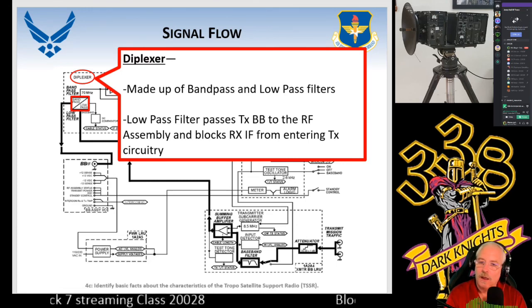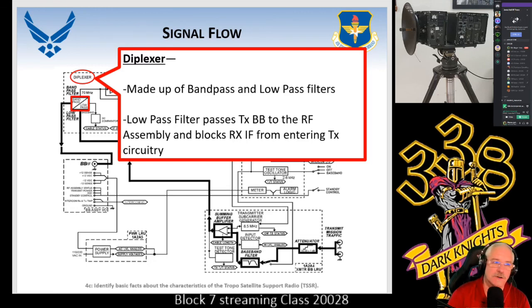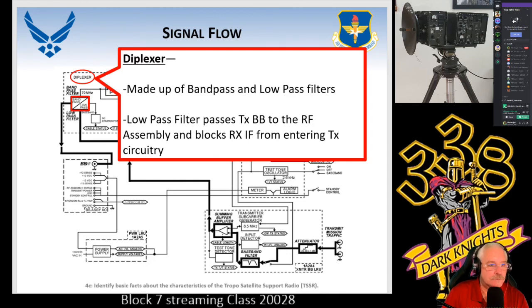It's going to block the 70 megahertz from getting on our baseband and order wire line, so it doesn't feed back into it. It's also going to filter out our baseband and order wire from getting onto the 70 megahertz line, which is above it. See where the 70 megahertz is on that red square, right above it.